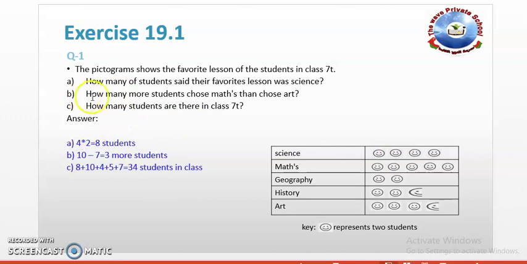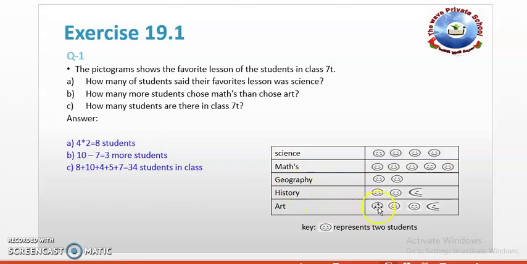And what is the B part? How many more students choose maths than choose art? Now see how many students choose maths. There are 1, 2, 3, 4, 5 smileys and 1 smiley represents 2 students. So we can say that 10 students like maths.